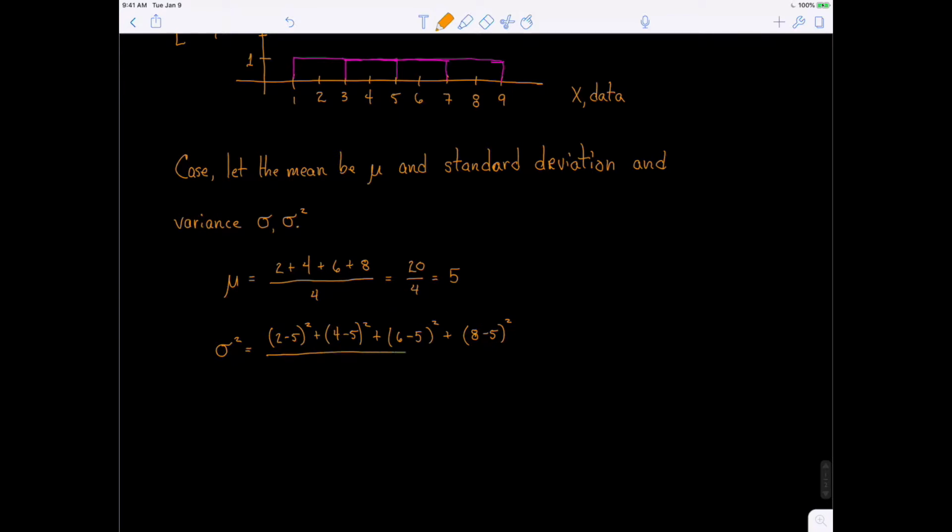We're going to take all of that and divide it by the number of data. So we're getting the average of the square of the distances.